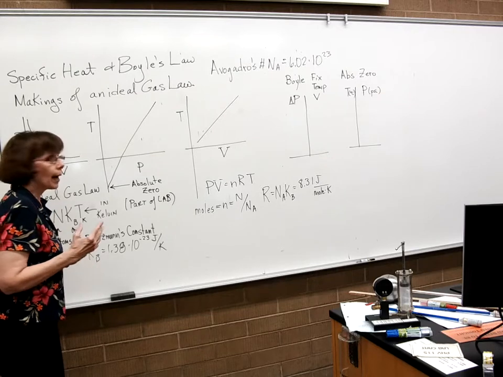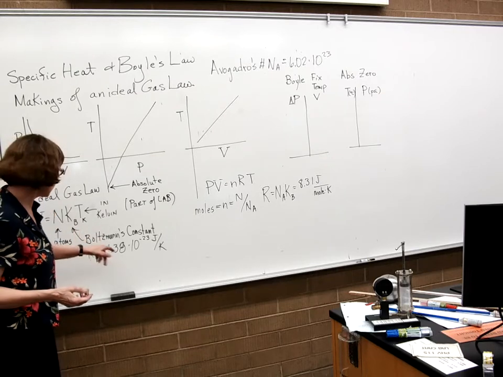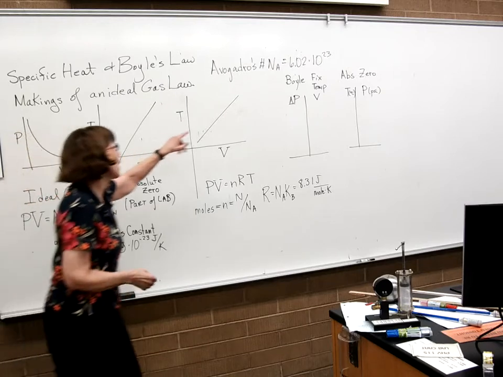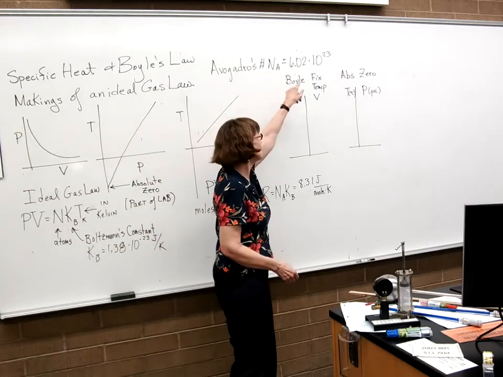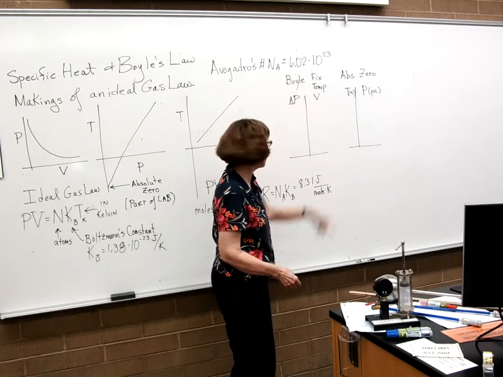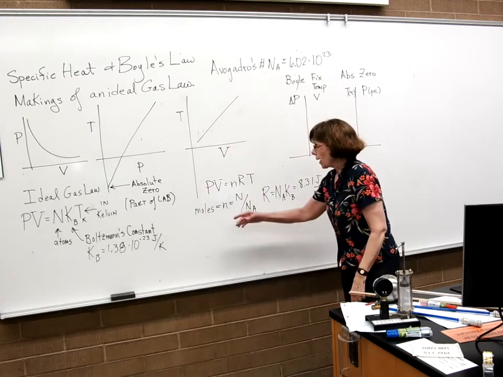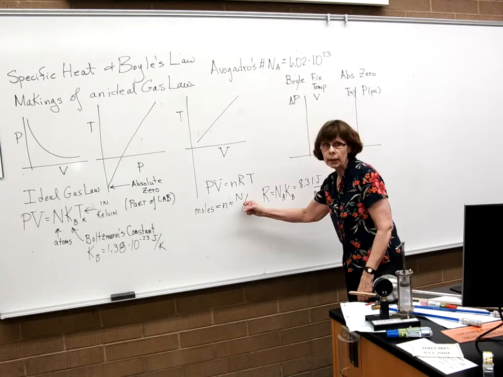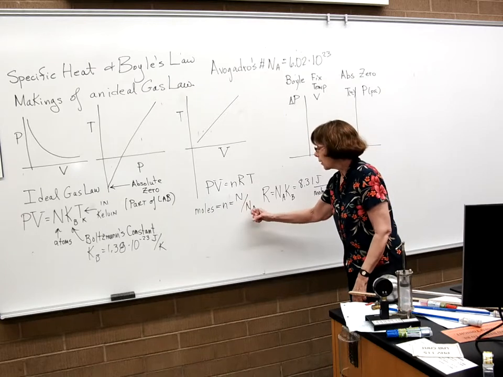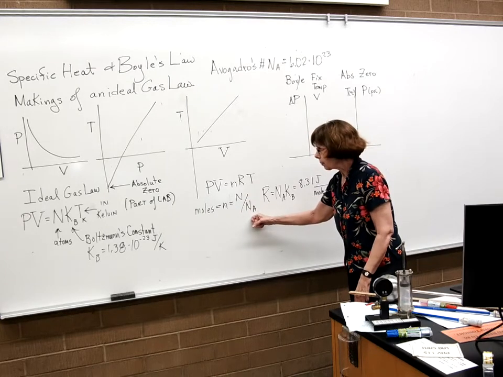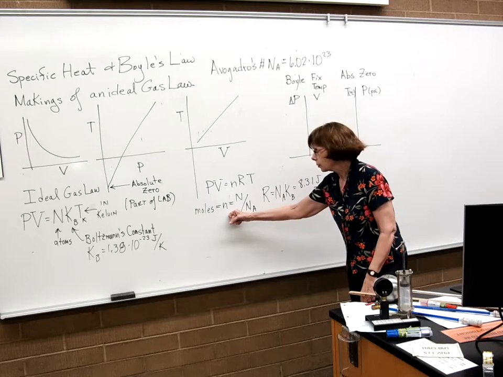They decided that was a little bit too hard to use such a big number, where Avogadro's number is 6.02 times 10 to the 23. So they developed the concept of a mole, which means they took the number of atoms and divided it by Avogadro's number to get the number of moles.